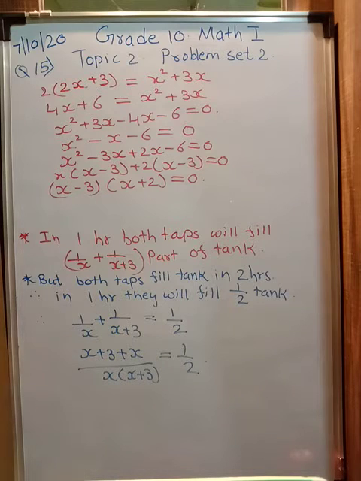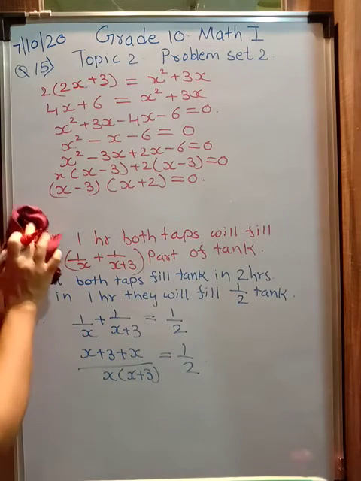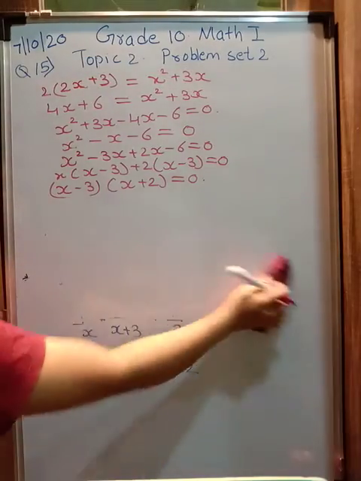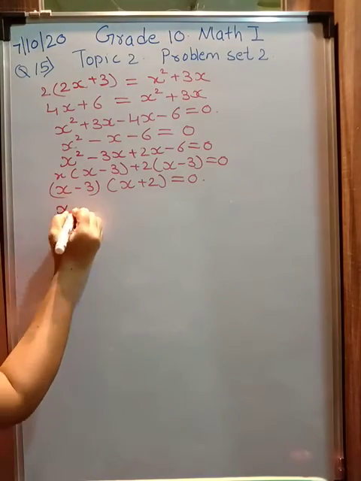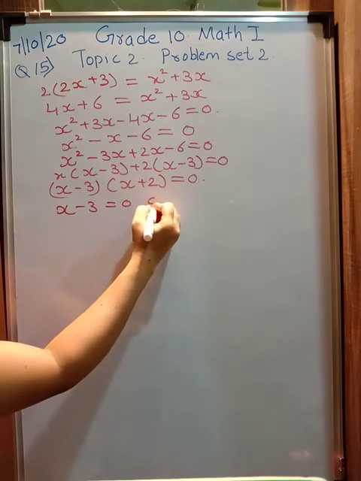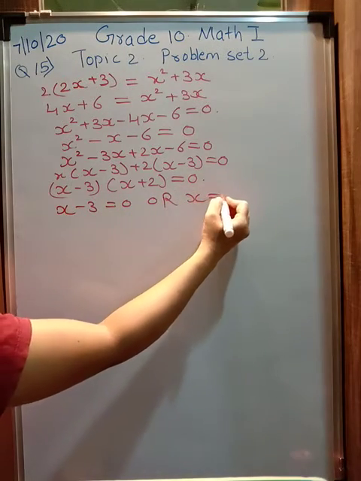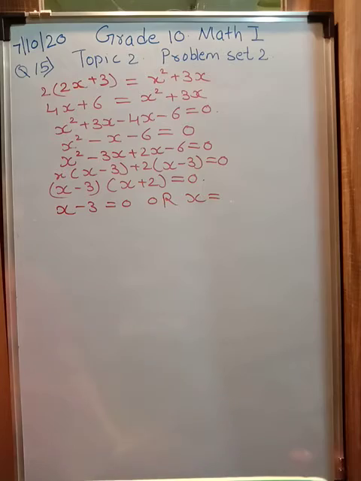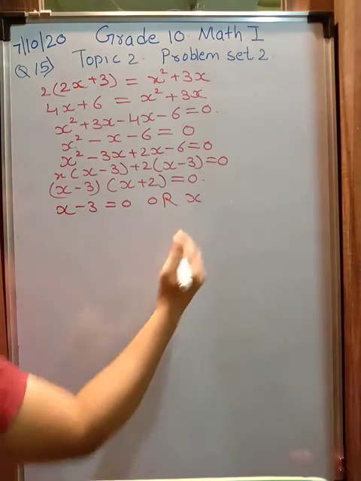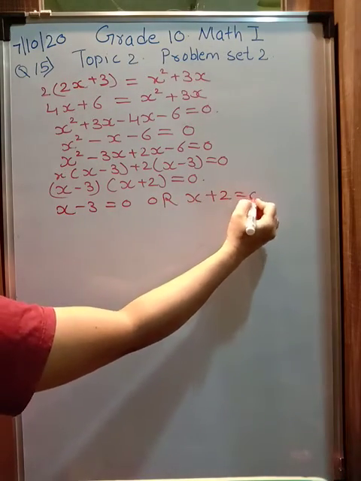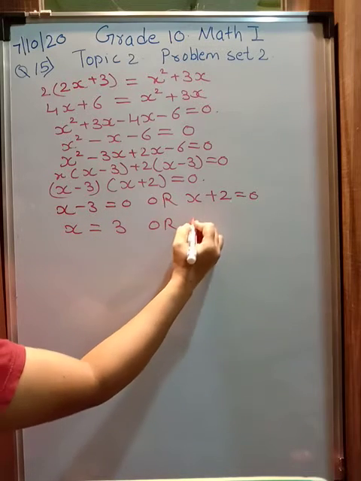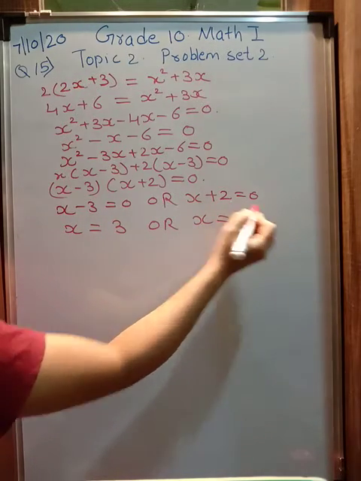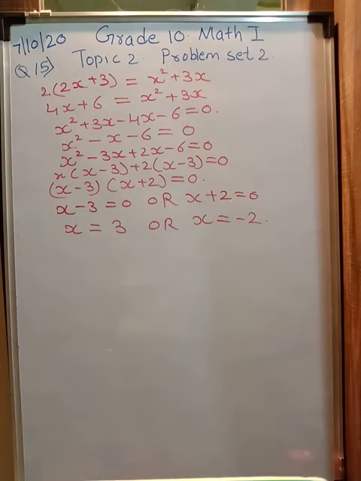Alright. Now I am erasing this as well. So what are we left with now? We have either x minus 3 is equal to 0 or x plus 2 is equal to 0. So x will be equal to 3 or x will be equal to minus 2. Up till here, is it clear?